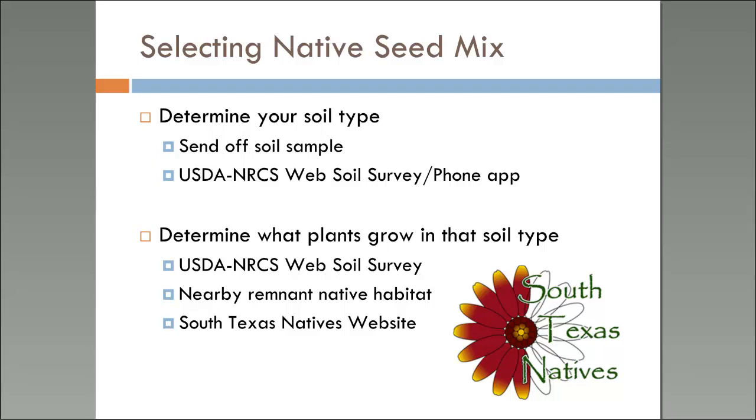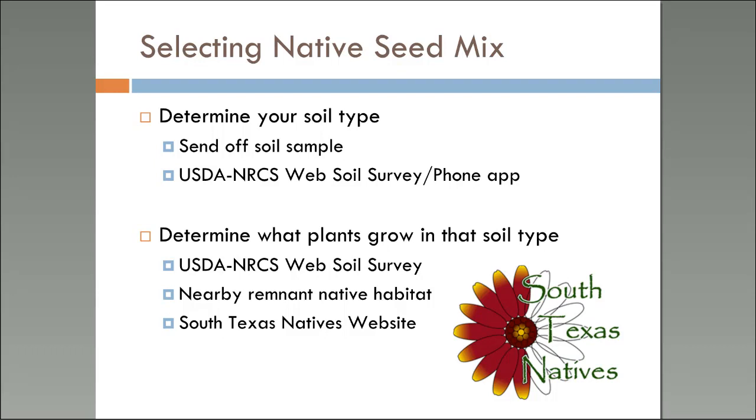All right, so now we're going to talk about how to select the native seed mix. That's where a lot of people get stumped: how do I find what seeds would work well on my property? Native reseeding used to have a pretty bad rap, because native seeds were more difficult to come by, and they weren't necessarily adapted for the area where people were planting.